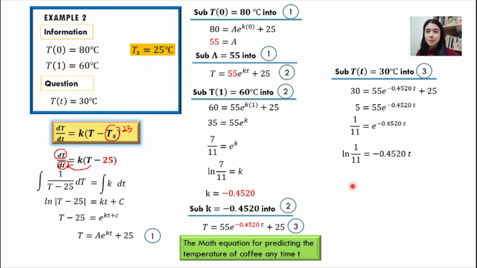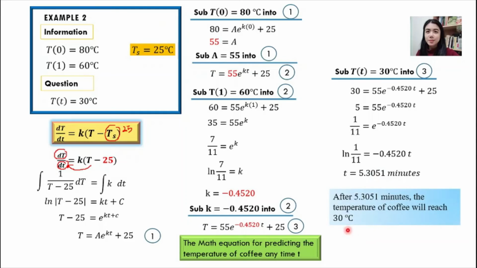Log both sides. Then you have log 1/11 divided by this negative 0.4520. It will give you a value of T, so your value of T is 5.3051 minutes. This means that after 5.3051 minutes, the temperature of the coffee will reach 30 degrees Celsius.